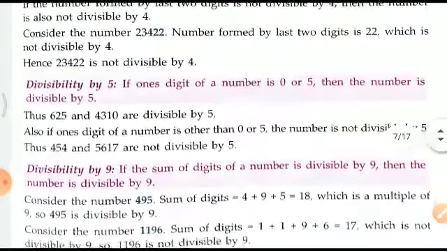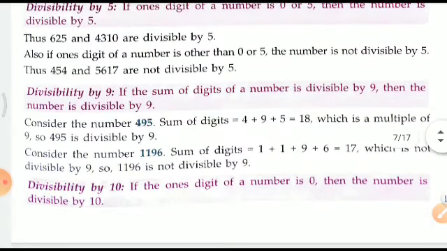Then divisibility by 5. If the last digit is 0 or 5, then the number is divisible by 5, right? Then divisibility by 9. Same case, if the sum of digits of a number is divisible by 9, then the number is divisible by 9.